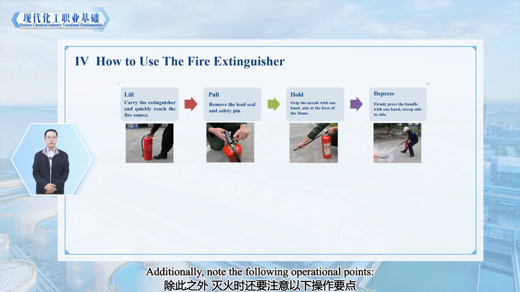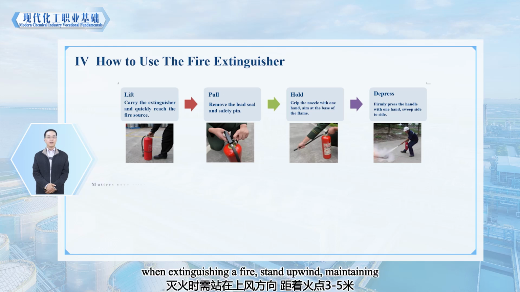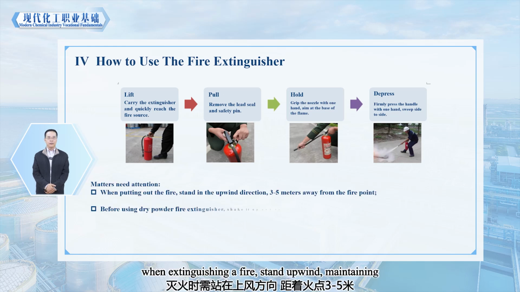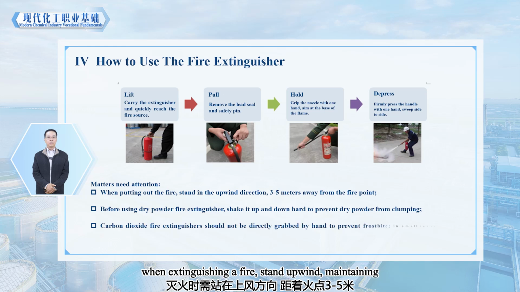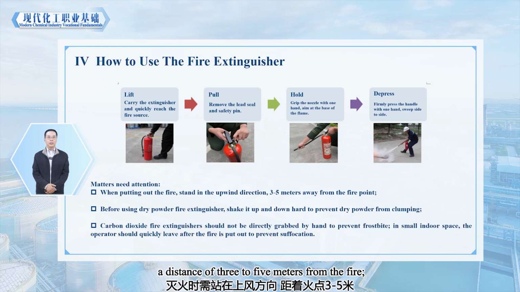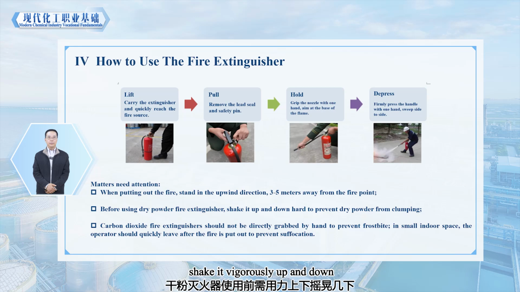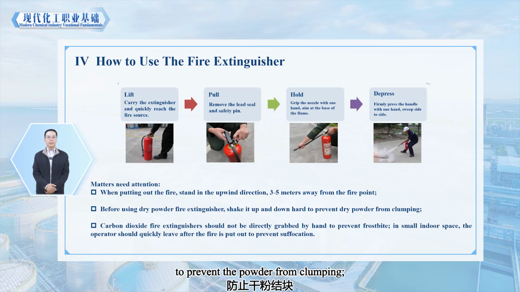Additionally, note the following operational points. When extinguishing a fire, stand upwind, maintaining a distance of 3 to 5 meters from the fire. Before using a dry powder extinguisher, shake it vigorously up and down to prevent the powder from clumping.